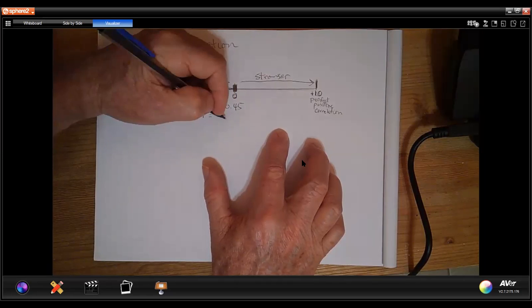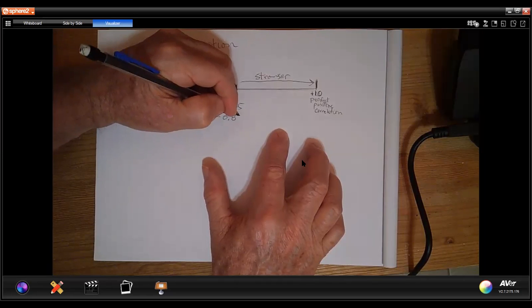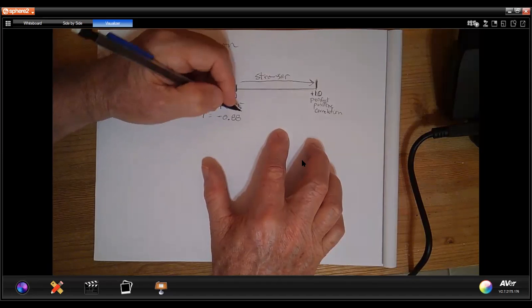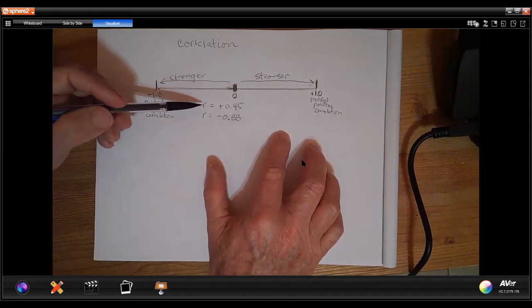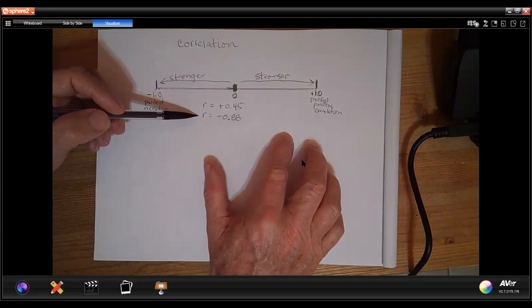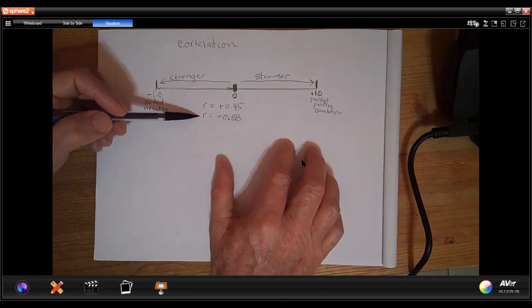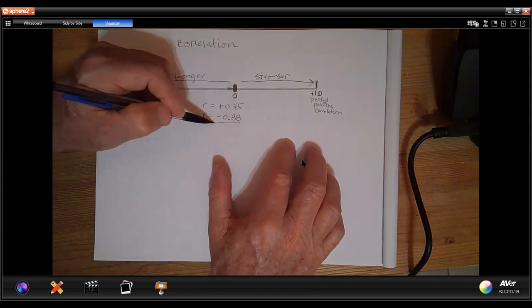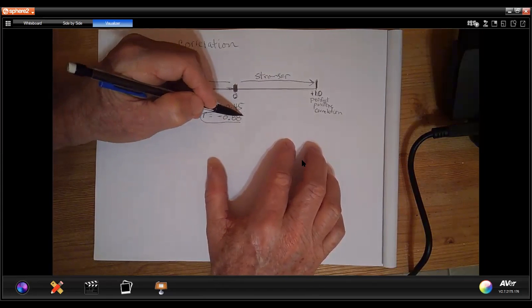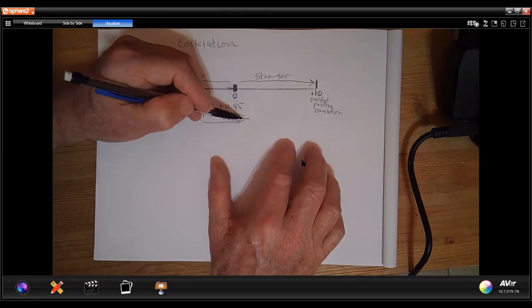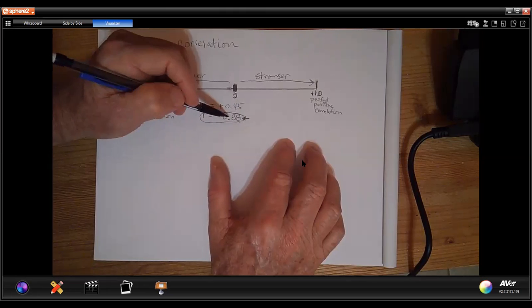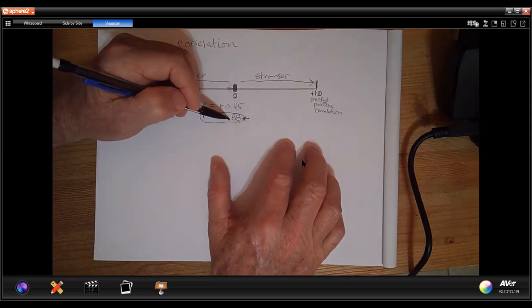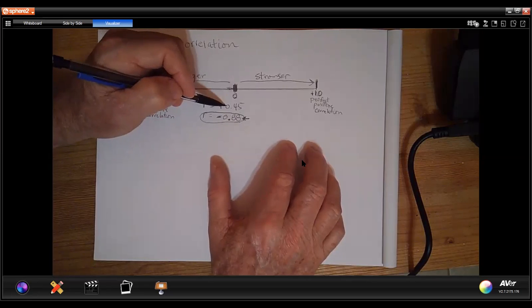And we had another, minus 0.88. Okay, which of these two is actually a stronger association, a stronger relationship? Be careful. In fact, the negative 0.88 is a stronger correlation. It is a more consistent relationship. Now, that said, it is an opposite relationship, but yet is stronger than this one.